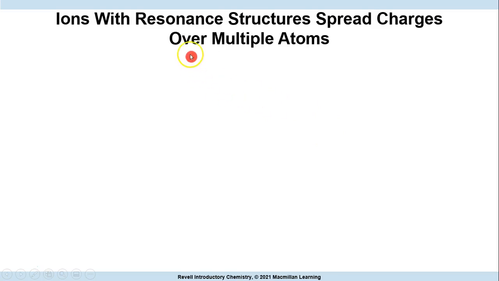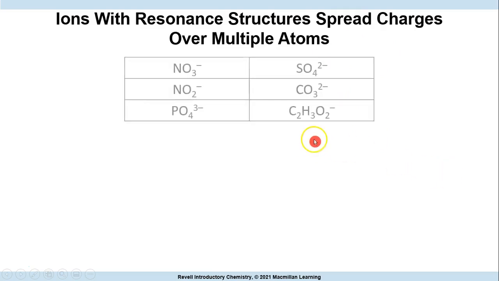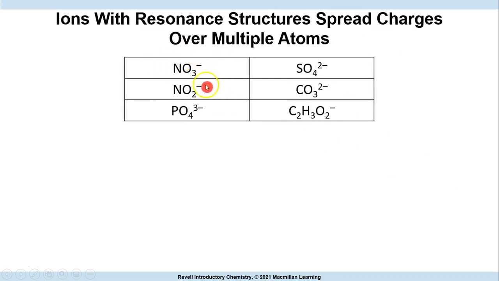Now let's look at ions with resonance structures spread charges. With resonance structures, we will see that they spread charges over multiple atoms. So the charge will be spread over multiple atoms. Now for the nitrate, we will see that the charge will be spread over the whole structure, and you often see us write it like that.